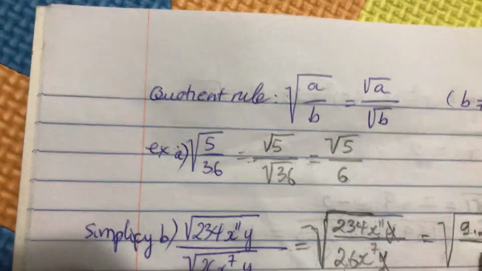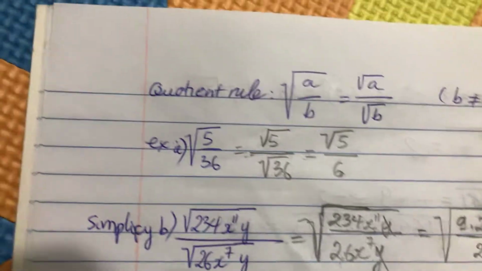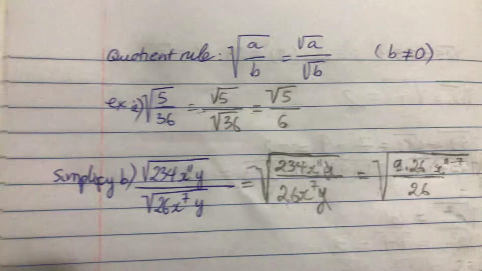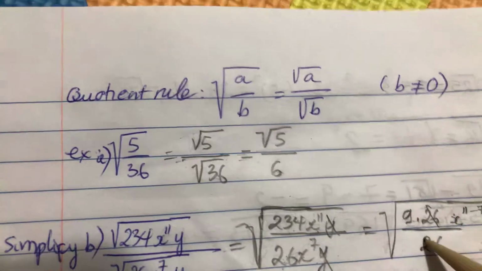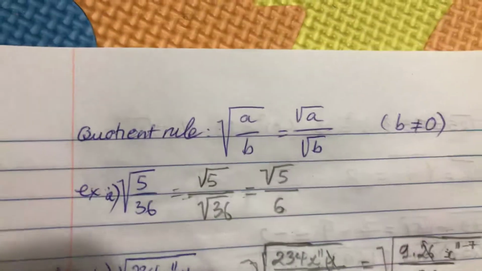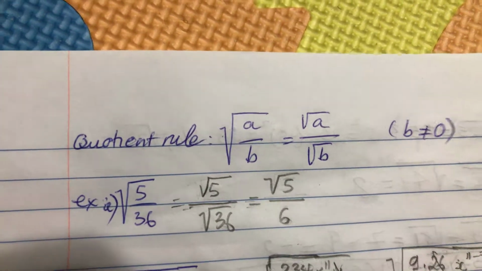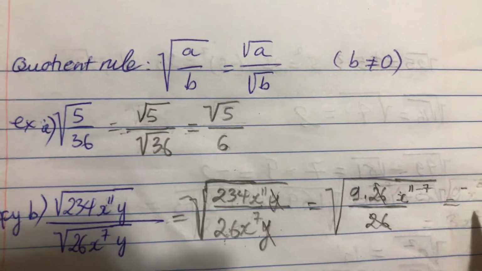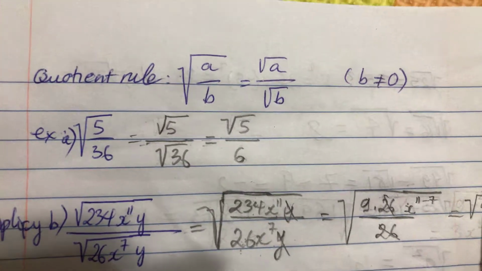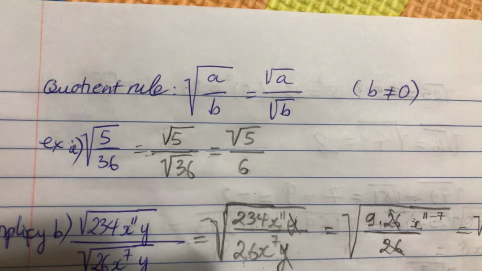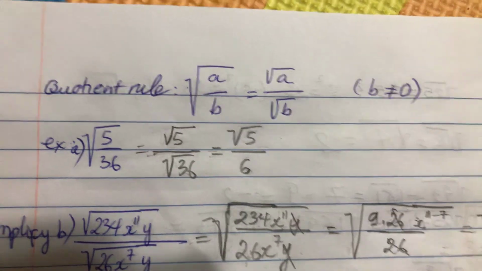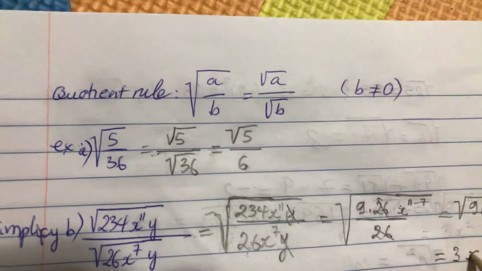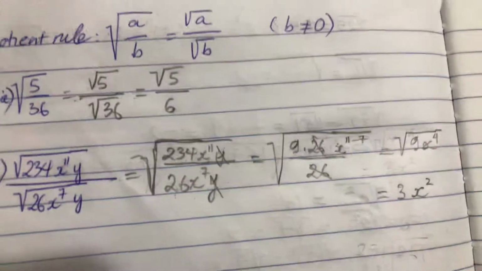The bottom still has 26, and the x just comes back in here. Now 26 with 26 go away, and I will have it as 9 times x to the power 4, and this gives me 3 times x to the power of 2, x squared.